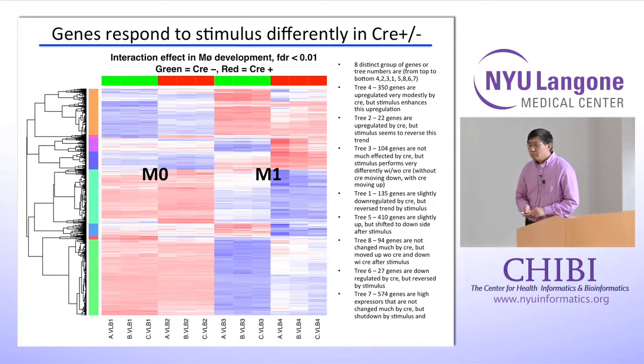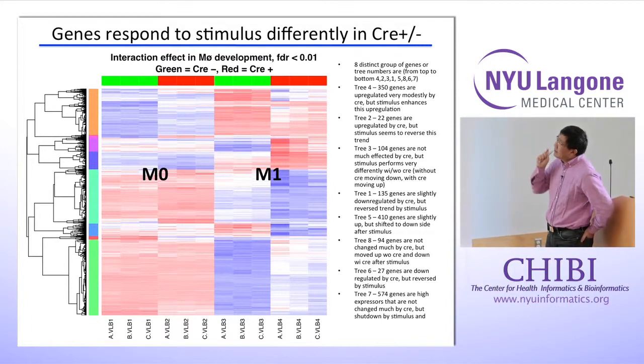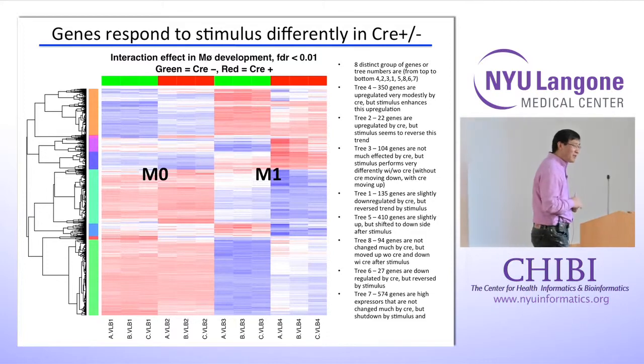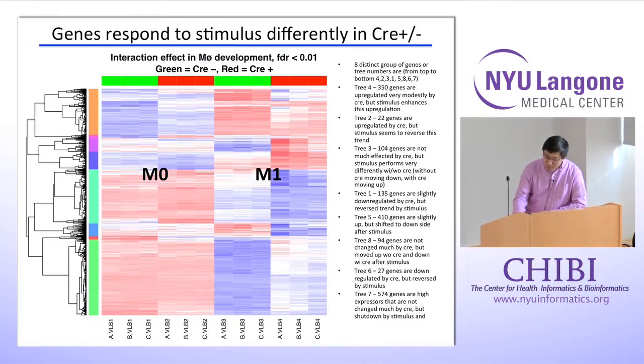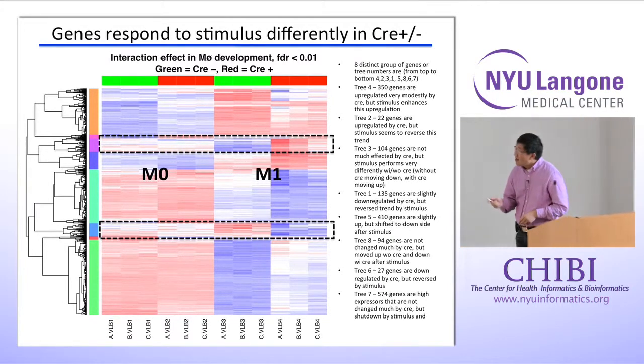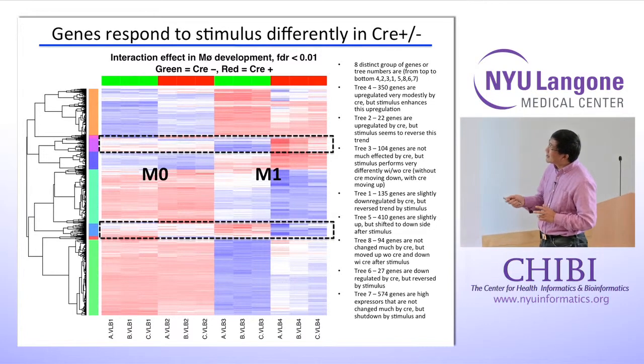So when we sort out all those things, now how do we expand to the genes involved in those interaction terms? Here, I just give a simple example. In this case, when we take all those interaction genes, we can see this group of genes really hasn't done much without the stimulus.